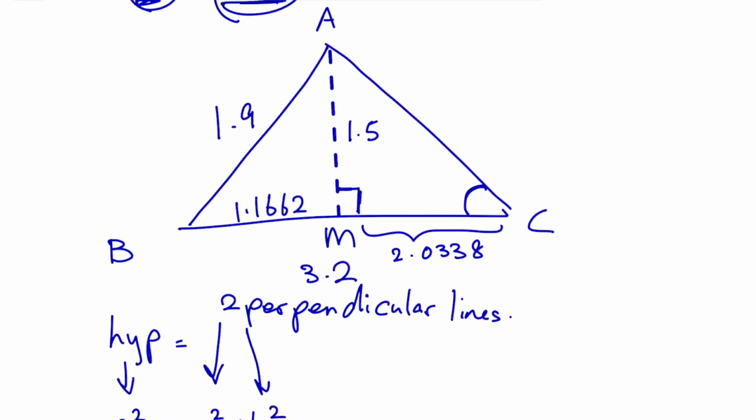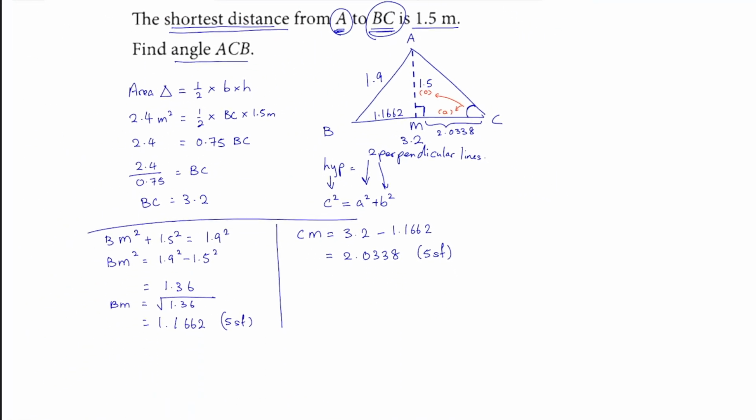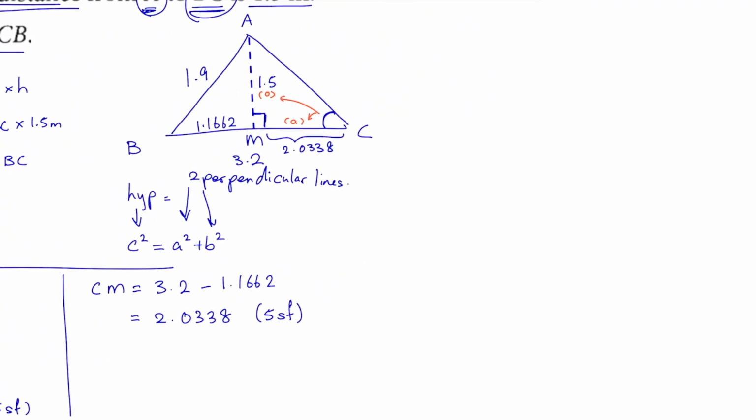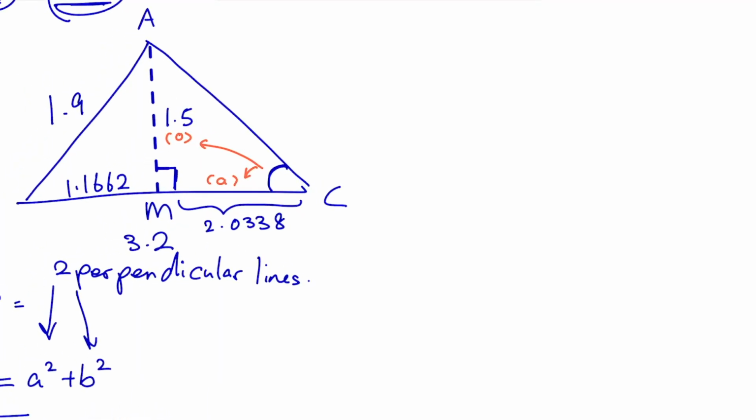So over here, this is my adjacent, and this will be my opposite, right? So I have adjacent and opposite, so I can use tangent. Let's call this angle ACM or ACB equals to opposite over adjacent.